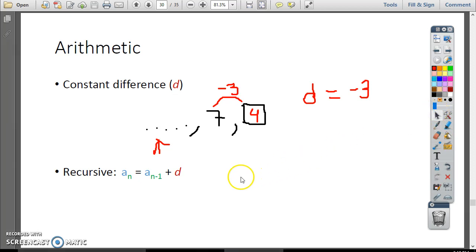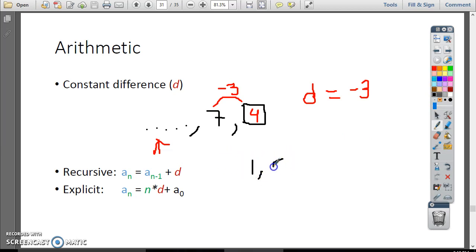So then, the explicit formula for arithmetic sequences is a little bit more complicated. Now, the benefit of this one, though, is you can get to any term you want. Okay? So, for example, let's do this sequence right here. Let's say we have a sequence that goes up by 4.